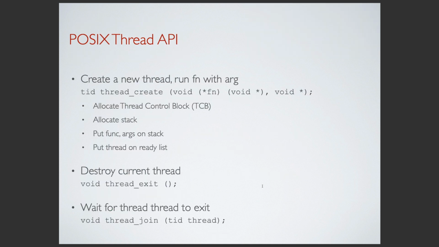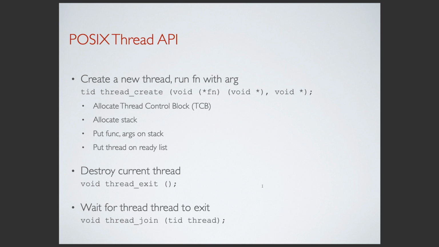Quickly, something that you will encounter if you program in C. How do you create threads? Well, there is a function called thread create. You pass a function that you want to execute, some kind of handler, and that's it. This is going to create a thread control block, which is a lot more lightweight than the PCB. It's going to allocate the stack, put the function, the args, and so on, on the stack, and then put the thread on the ready list, because this is like native threads, kernel threads.